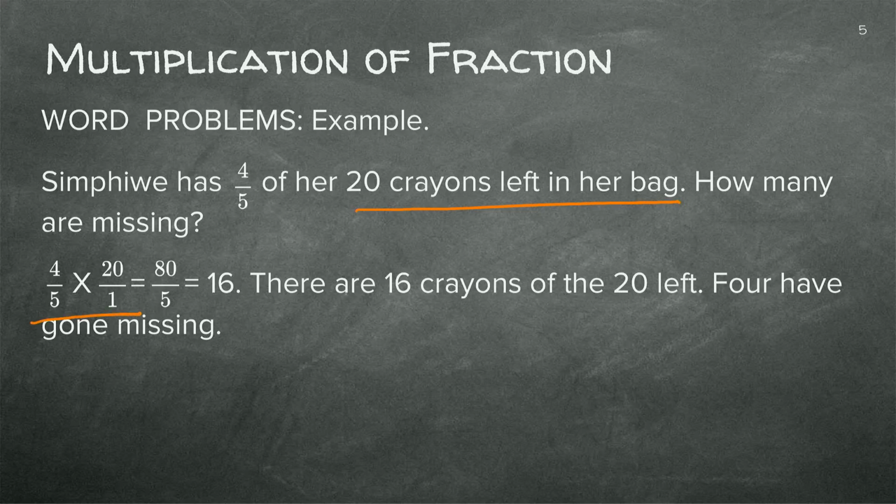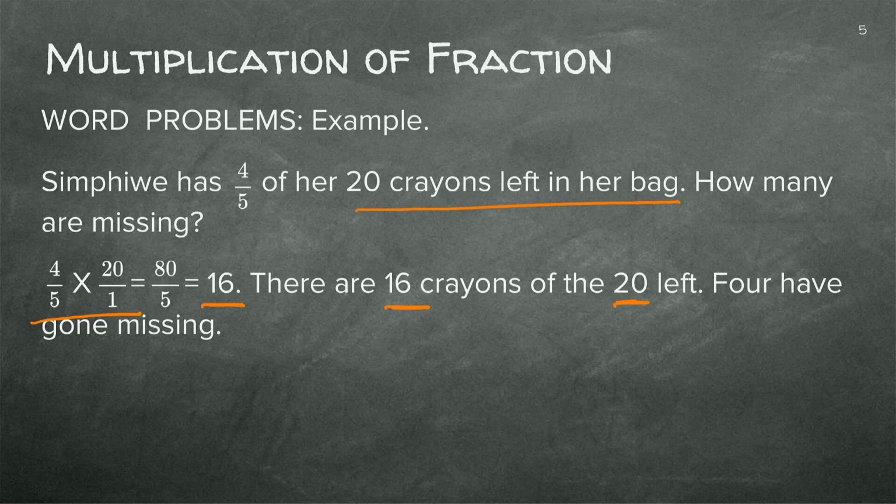We have got our sum to work out. So 4/5 times 20 over 1 equals easy. 20 times 4 is 80, 5 times 1 is 5. So we have 16. Okay, so there are 16 crayons of the 20 left.